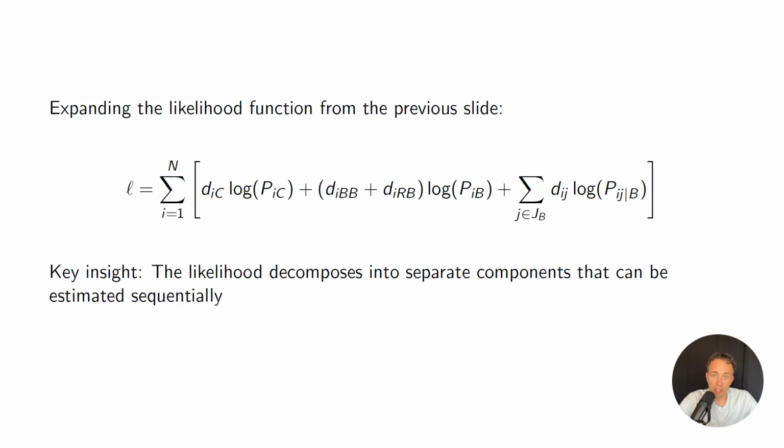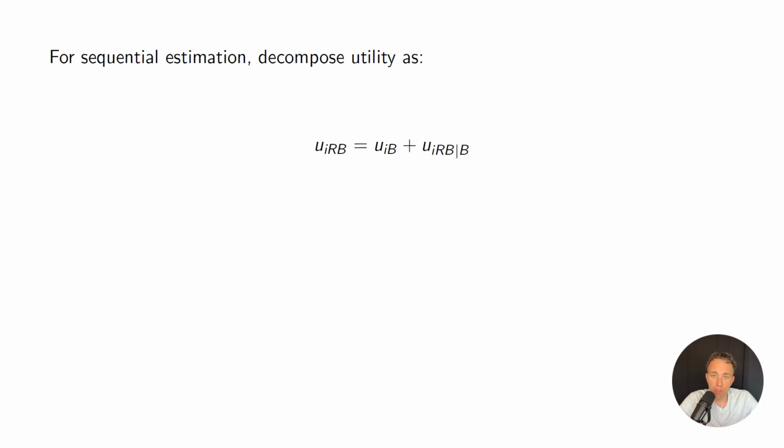And the key insight is that with this additively separable log likelihood function, we can estimate the different components separately and still get consistent parameter estimates. They won't necessarily be efficient, in the sense that the estimator would have the minimum variance, but they will give you consistent estimates.